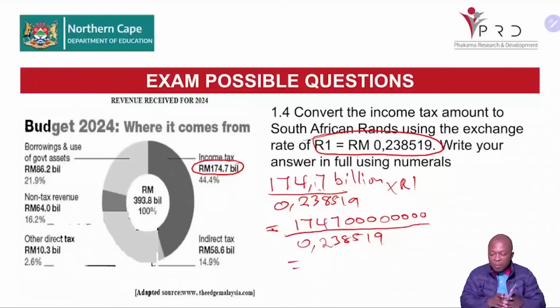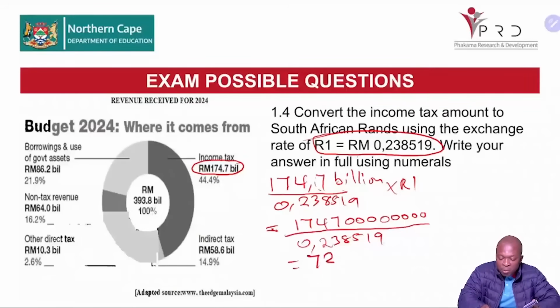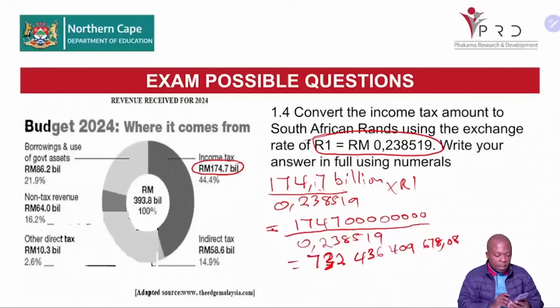Now you come and write your answer. If you press all of them, you are going to get the following: 732,436,409,678.08. Let me confirm.